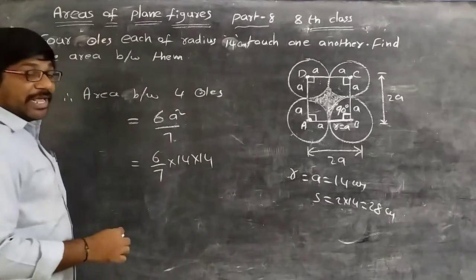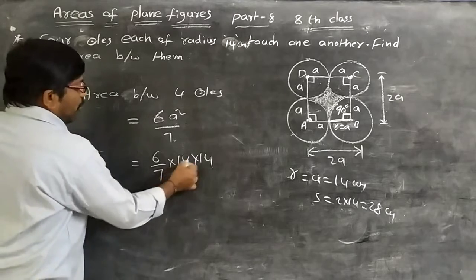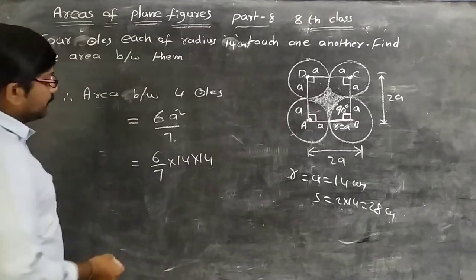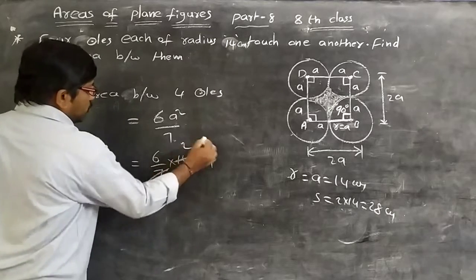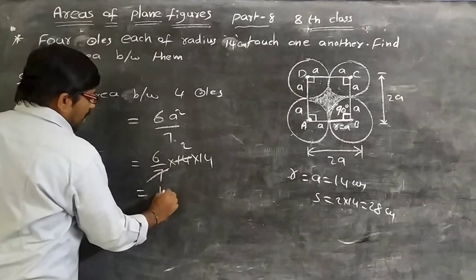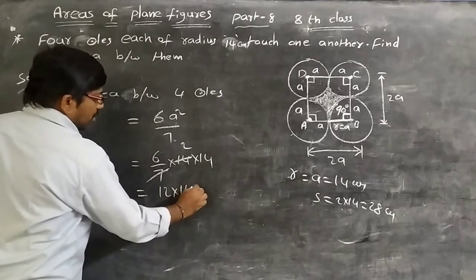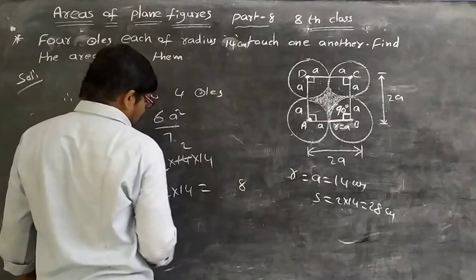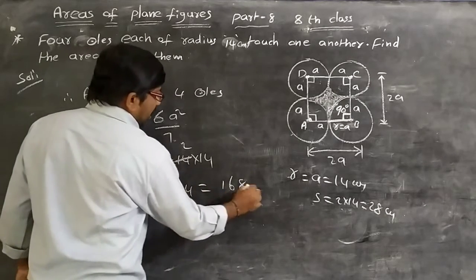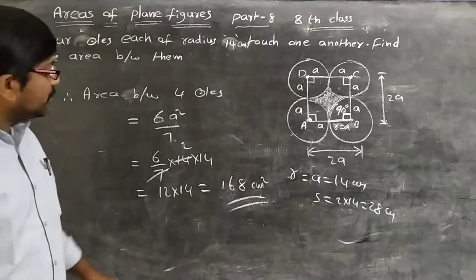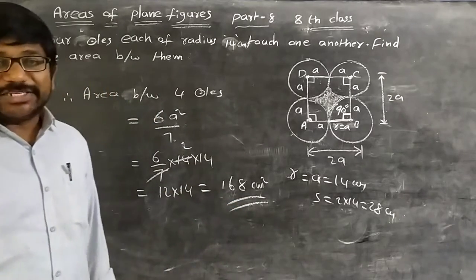A square can be written as a into a. So 14 into 14, right? We can use this formula directly. 7 ones are 7, 7 twos are 14, 6 twos are 12 into 14, that is equal to 12 fours are 48, 168 centimeters square. So the area between four circles is 168, right?